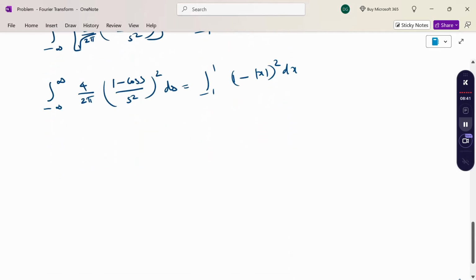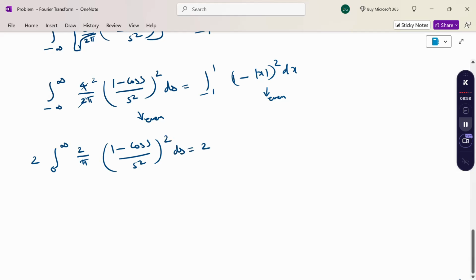Now what is the even function? This is an even function, and this is an even function. Therefore, 2 times the integral from 0 to infinity of 2 by pi times ((1 minus cos s) by s squared) whole squared ds equals 2 times the integral from 0 to 1 of (1 minus x) squared dx.